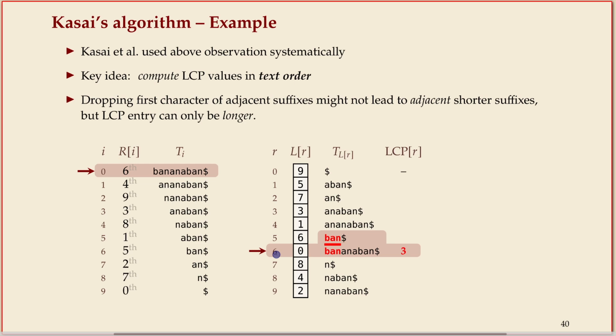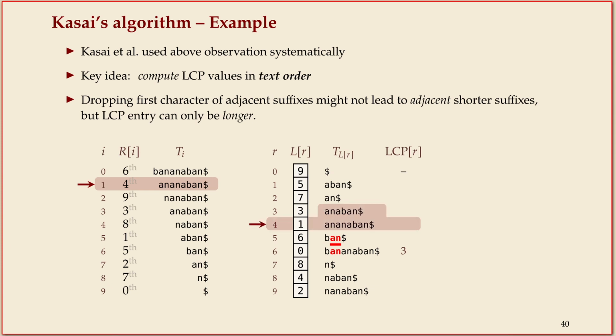Okay, now we're trying to make use of that information. And the way we do that is if we now go to the next suffix in the text order, the one that just loses the B, I'll try to find again where does this occur in the sorted list? I use my rank array. So I go to 4 and I find the one that's before that in sorted order. And here comes the trick.